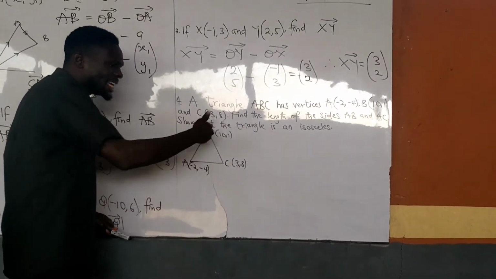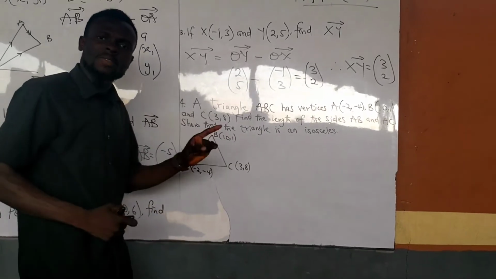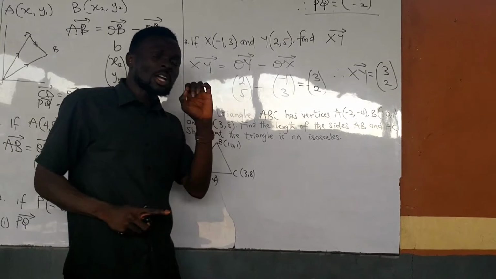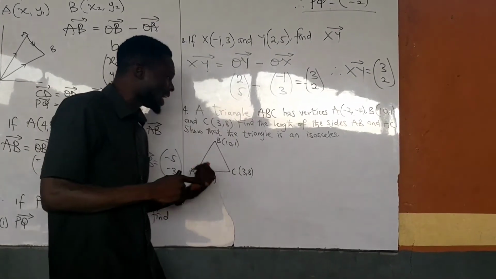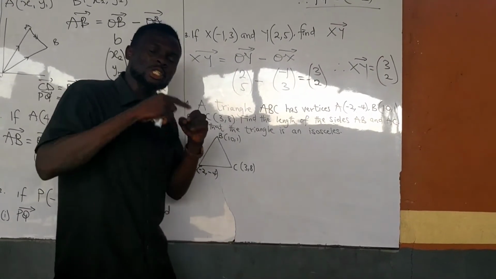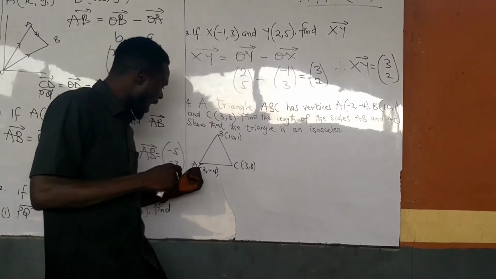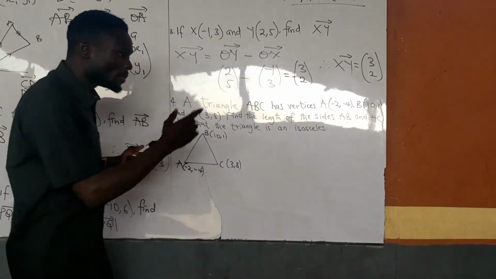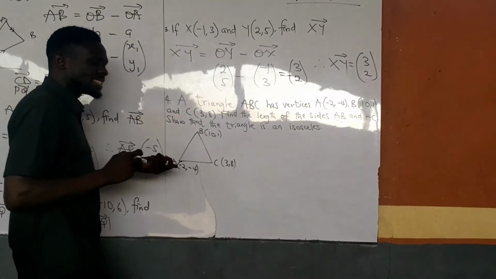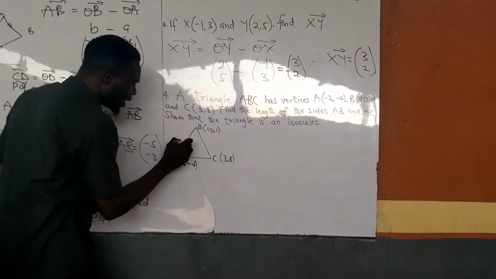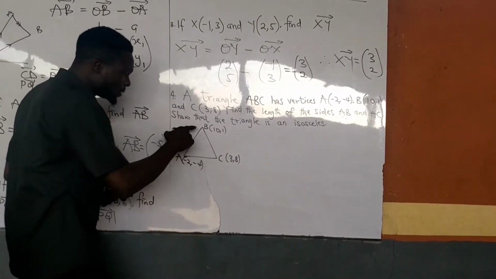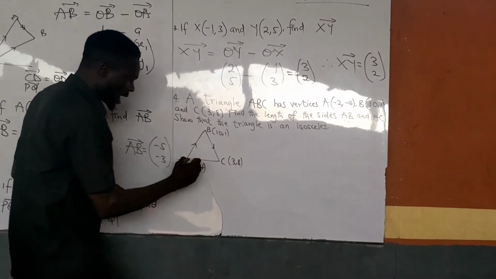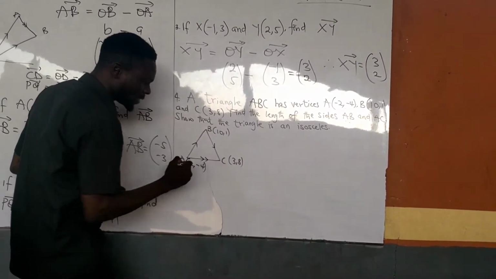Now how can you find the sides when you have been given vertices? The length we are going to find is the magnitude of AB, which means we express the given points A and B as vector AB.